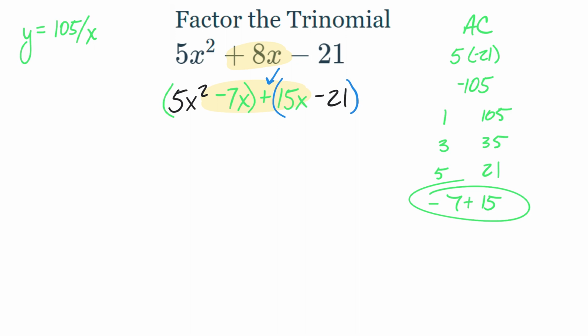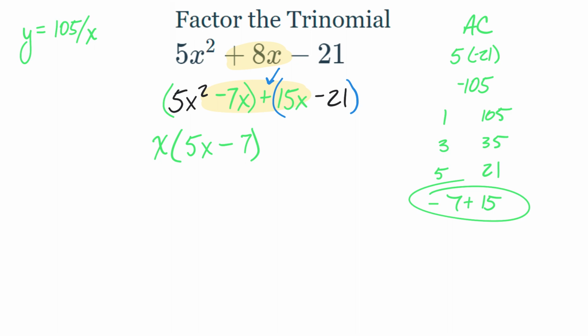So as I look at my left term, 5x squared minus 7x. Well, the only thing those two terms share is an x value. When I factor out an x from 5x squared, I get 5x. And when I factor out the x from the 7x, it's just minus 7.